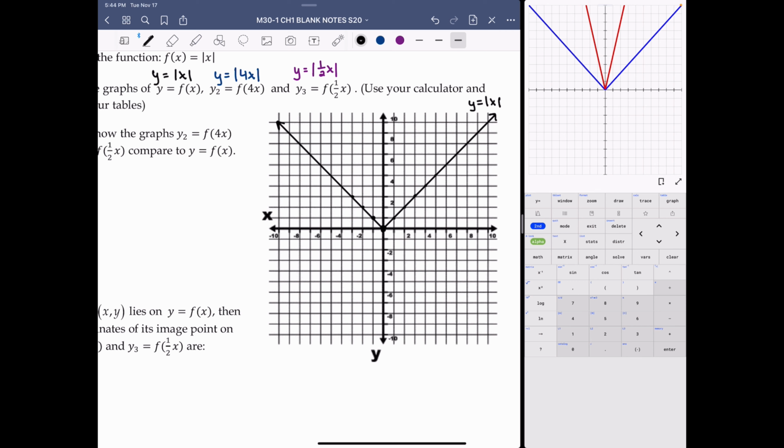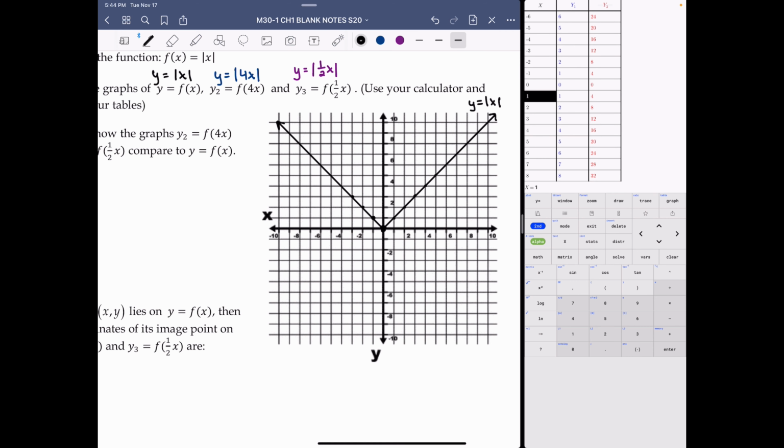We can go to the table and plot some points. So when x is 0, y is 0. I'm looking at the y2, so the red numbers on the right there. When x is 0, y is 0. When x is 1, y is 4. When x is 2, y is 8. And then going the negative direction, when x is negative 1, y is 4.